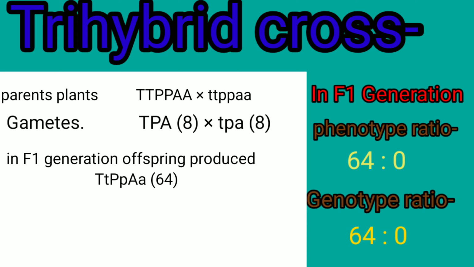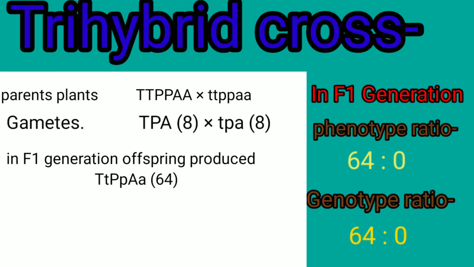The gametes produced by parent 1, capital T capital P capital A, are of 8 types, and the gametes produced by parent 2, small t small p small a, are also of 8 types. If we plot these gametes in a Punnett square, we get the ratio of 64:0.